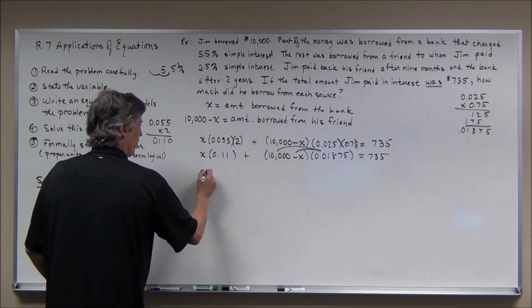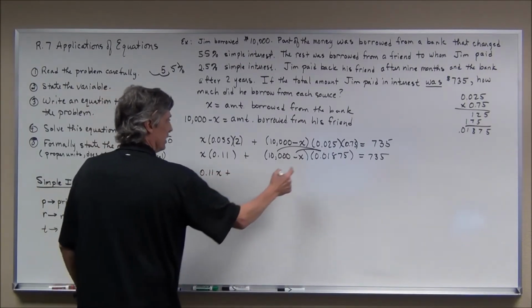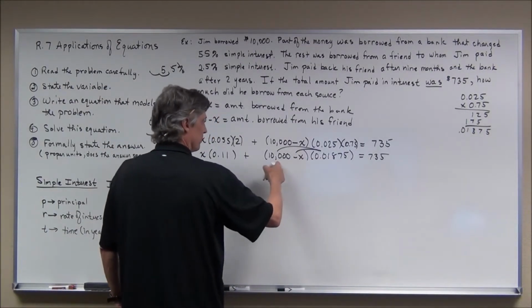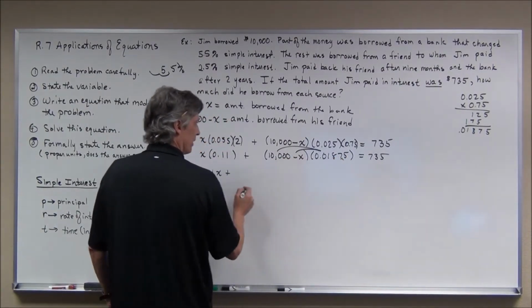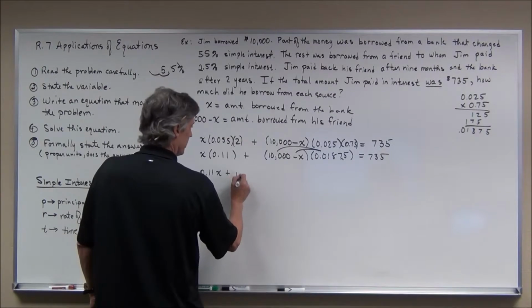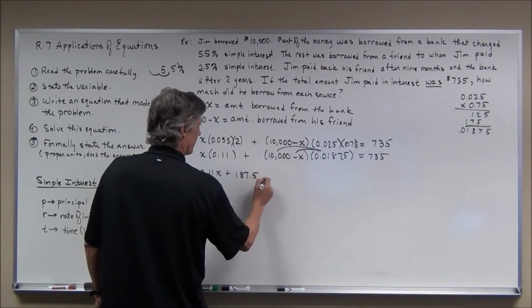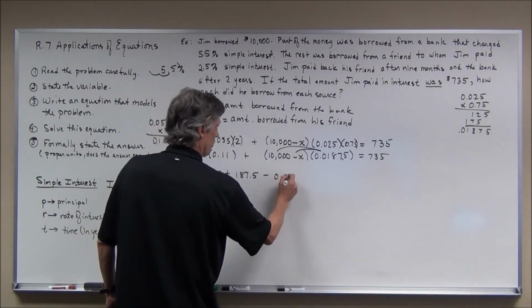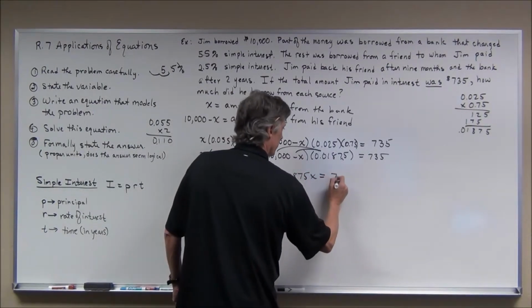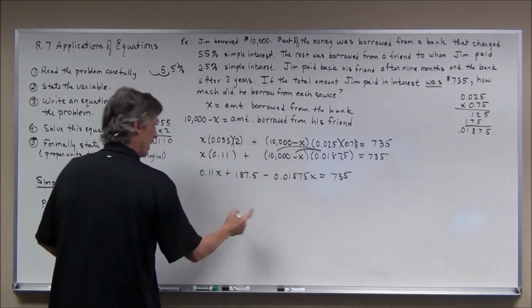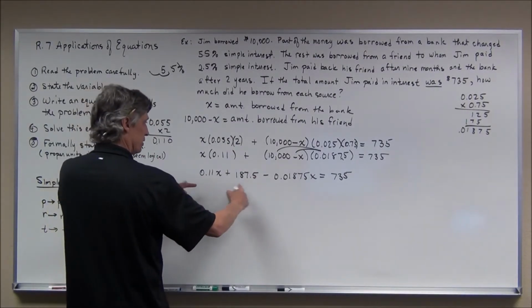So this is 0.11x plus. Now if I multiply this times 10,000, that's 4 zeros, it's going to slide 4 places. I'm going to get 187.5 minus 0.01875x, distributing, equals 735. So now I'm going to go ahead and combine like terms.